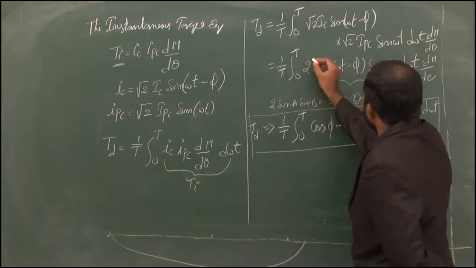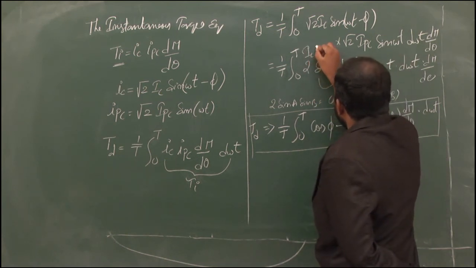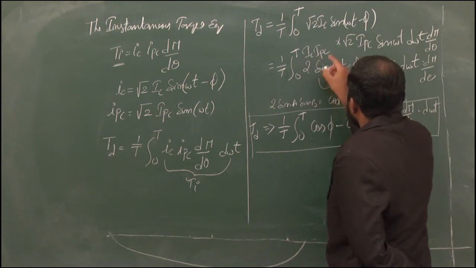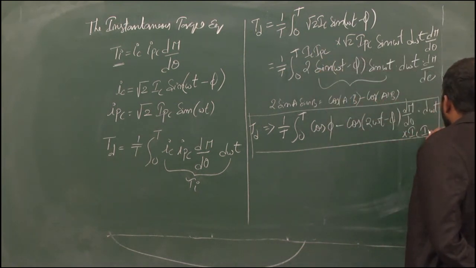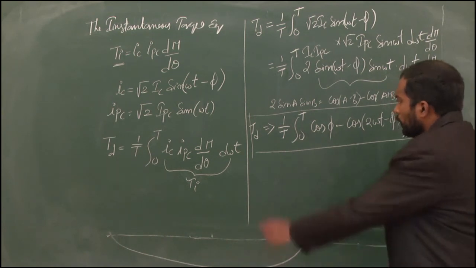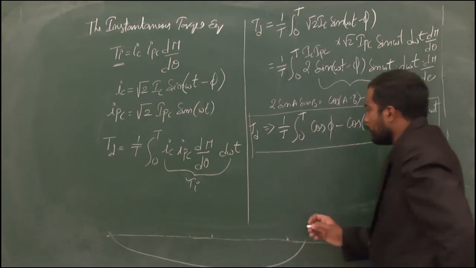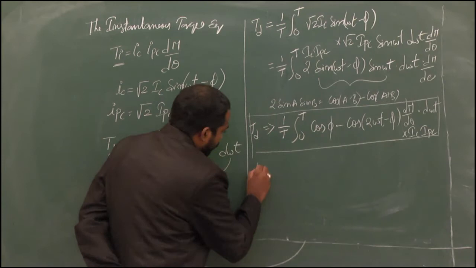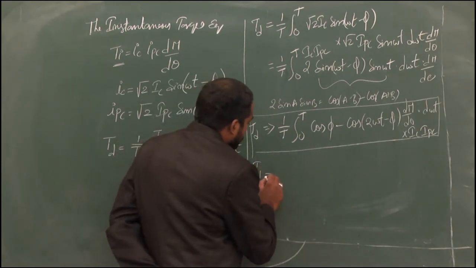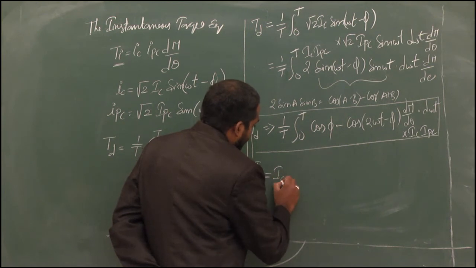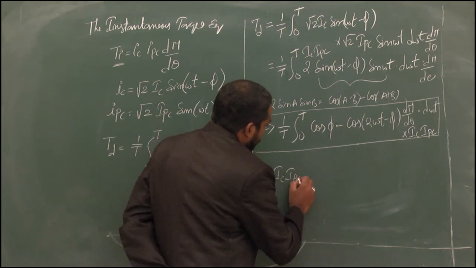IC and IPC are left out here, so we'll multiply with IC and IPC. When you see this expression, it is in the form of the net deflecting torque TD is equal to IC IPC.